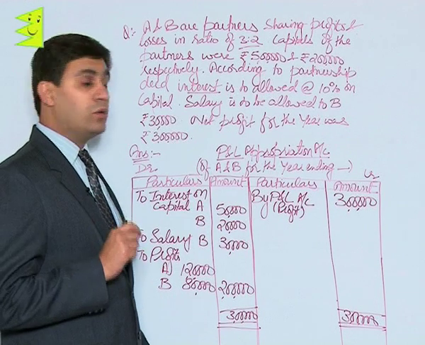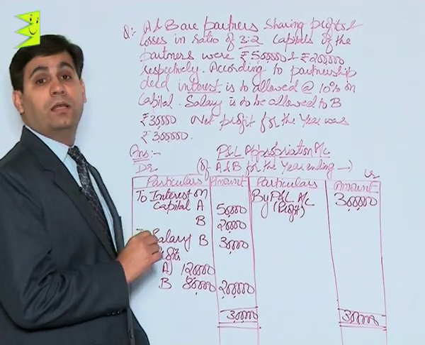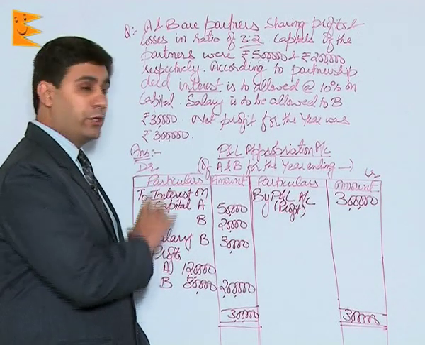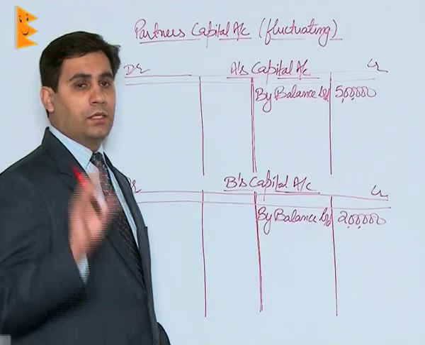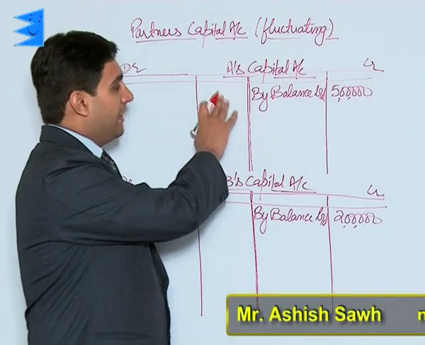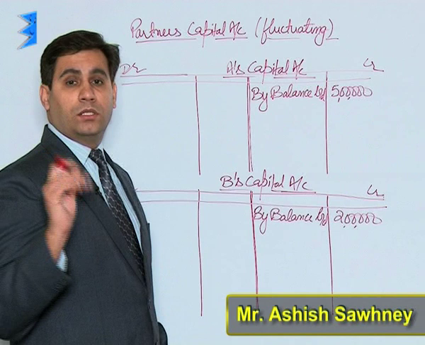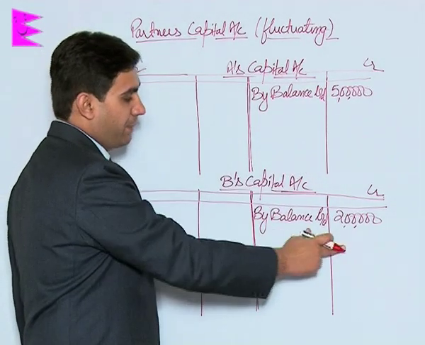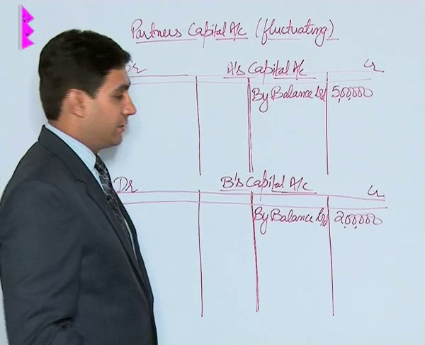Let us see how capital accounts would be prepared both under fluctuating and fixed capital methods for this particular question. Now the capital accounts by fluctuating method would appear as this: A's capital and B's capital. The balance of A's capital was 5 lakh and for B's capital the balance was 2 lakhs.